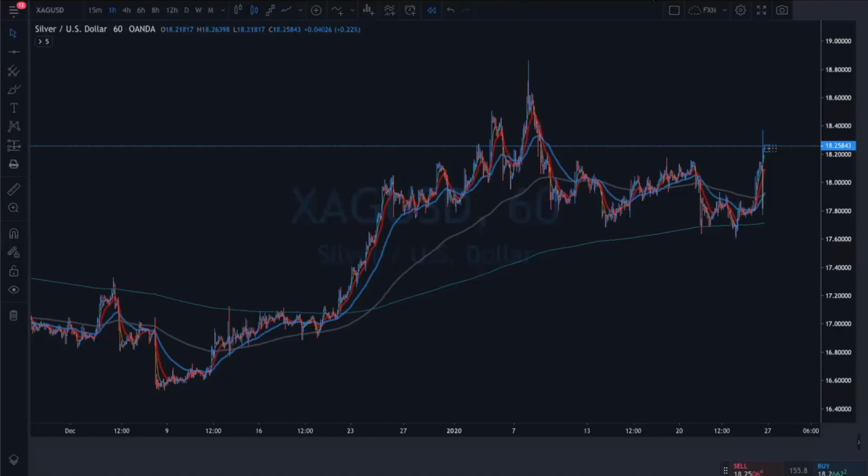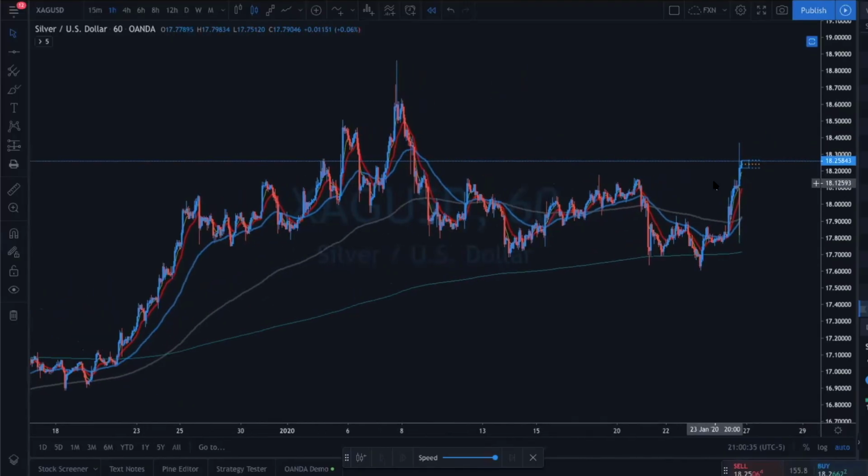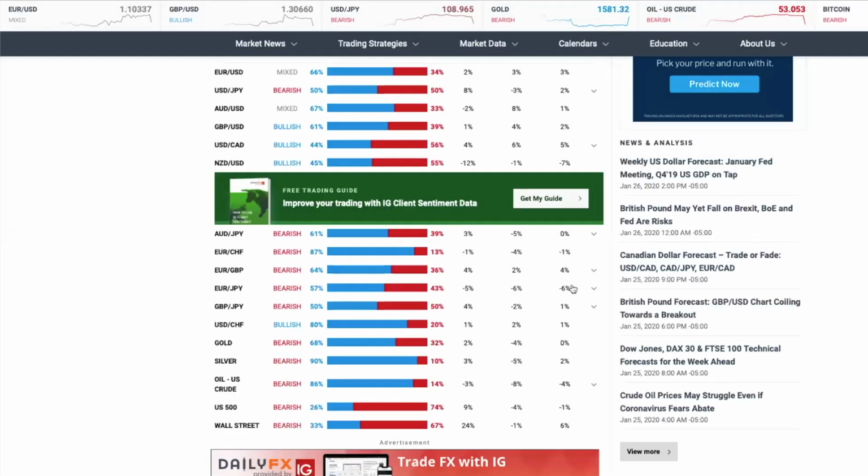I should tell you at some point, whether it's when it gets up to $18 an ounce or whatever, this is going to have a retracement soon. There's too many traders going long on it. Does that make sense? Yeah, it does.